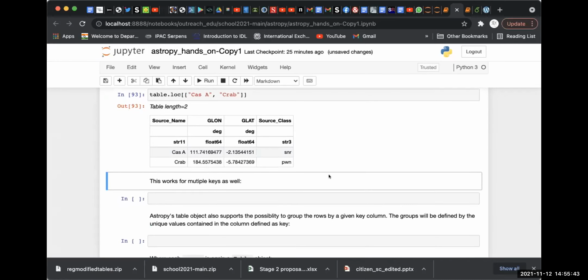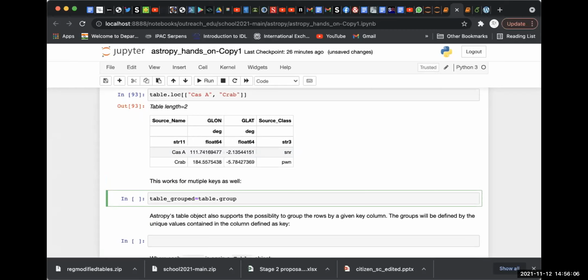Now another very interesting thing which can be done with tables is you can group things. If you remember, we had put the types, supernova remnant, etc. So I can even ask the table to get grouped based on that factor. So I can say table grouped is a new variable, which is table dot group by, and I say group underscore by what?